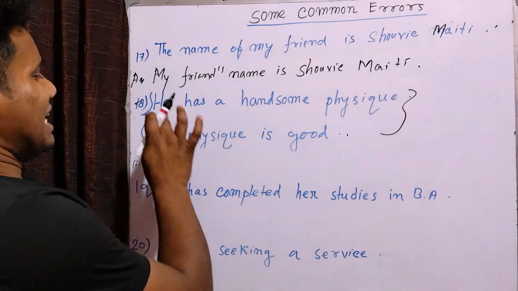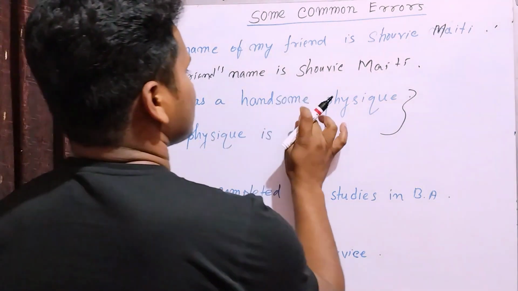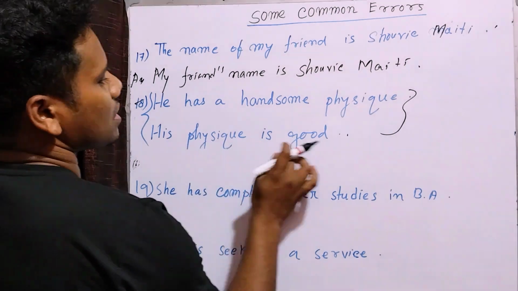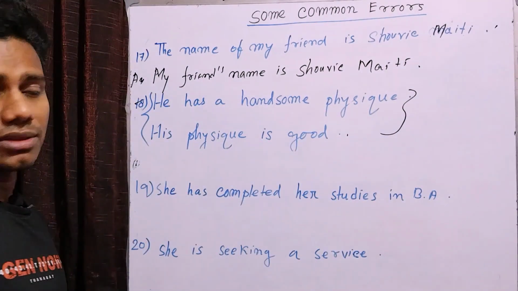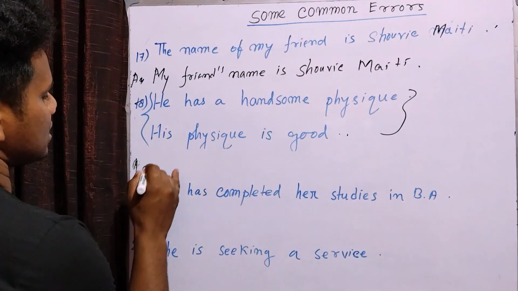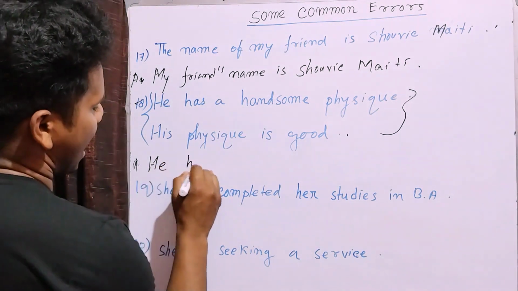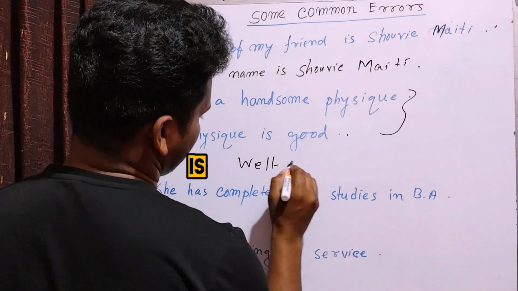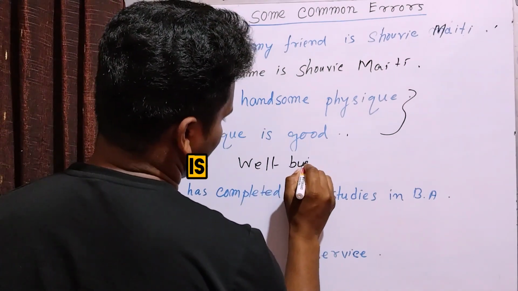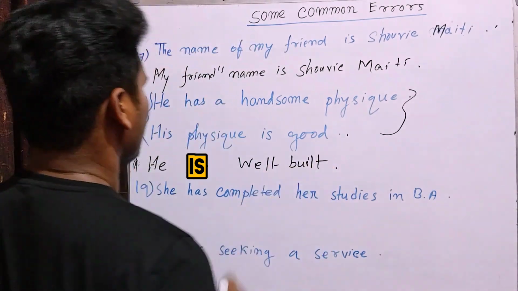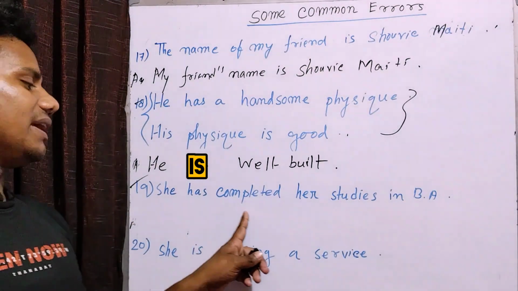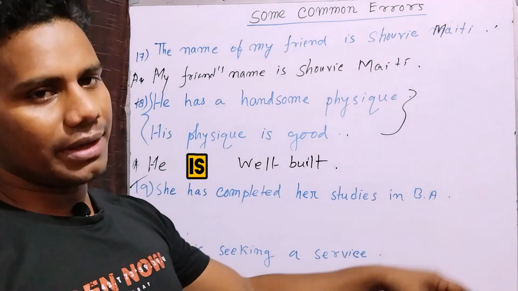Okay, he has a handsome physique, and his physique is good. Both are incorrect. The right one: he is well built. Next: she has completed her studies in BA.